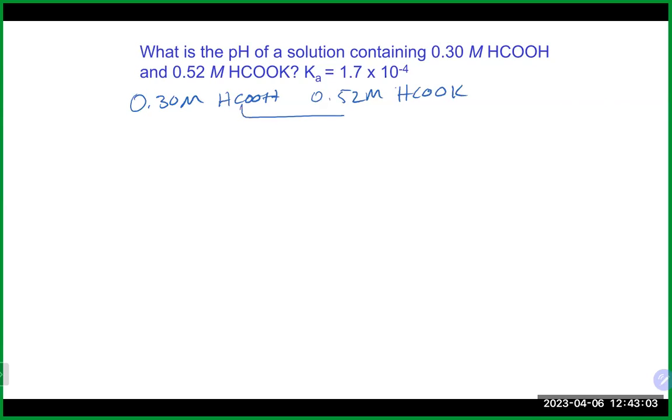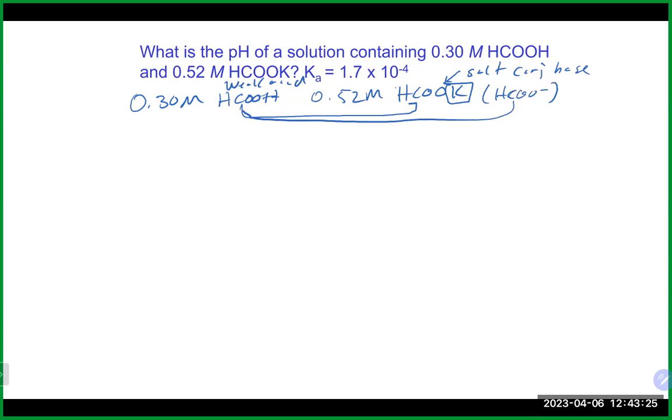These two things are related to each other, right? This is again the weak acid, and this really would be the salt of its conjugate base. In terms of the relationship here, the potassium is doing nothing but being a spectator ion. It is actually the formate, which is the conjugate base of the acid, the difference being one H plus between those two.